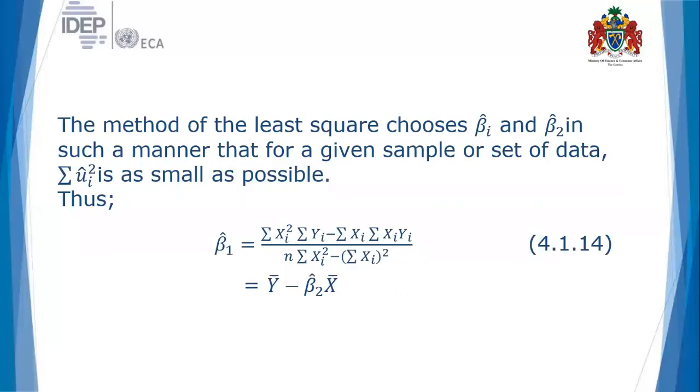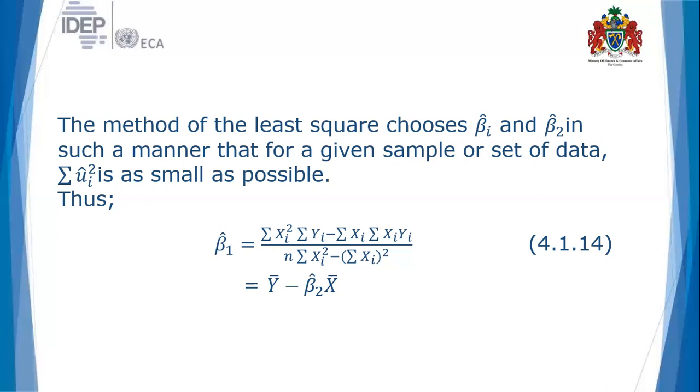So the method of least squares chooses beta hat 1 and beta hat 2 in such a manner that, for a given sample or set of data, the sum of mu hat_i squared is as small as possible.